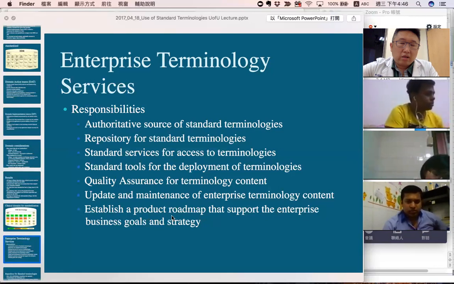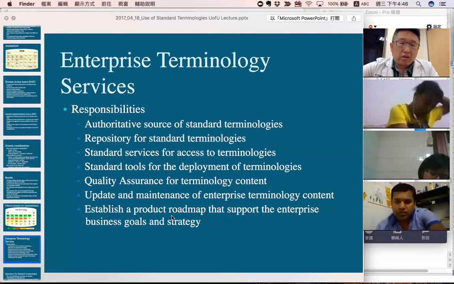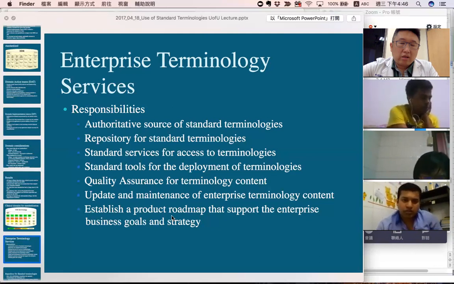But we need a roadmap for using that, because there is always new terminology created, then there are update versions, then there are some errors, and you need to correct them. So we will need a way to maintain it. But so far we don't have too much experience with that.